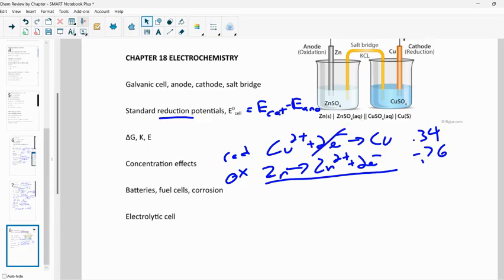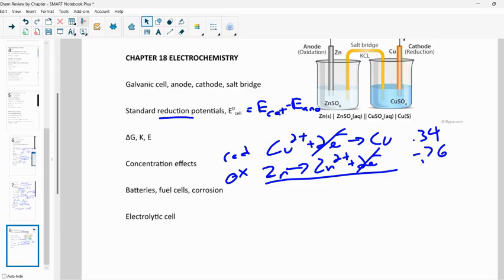My 2 electrons would cancel out. If I didn't have an equal amount of electrons, I'd have to multiply one equation to get a common number of electrons. And then I can do cathode minus anode, and I'll get my cell voltage. The cathode is the bigger number, where reduction is going to occur.